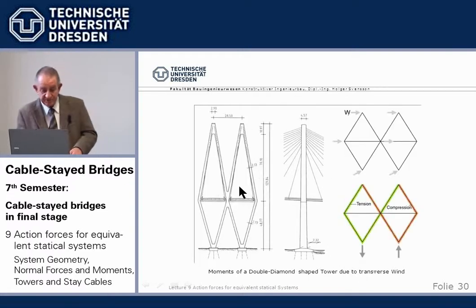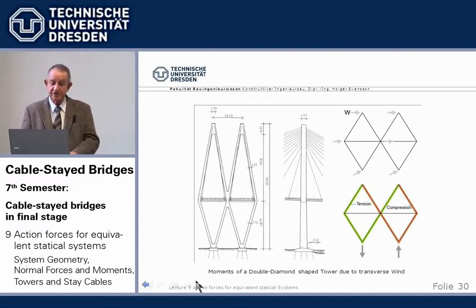We have one exception for the Baytown Bridge. We have twin beams. We use twin towers connected here. Now we have a complete truss from here to there. That means wind transversely on the cables which run onto the tip, and on the cables and on the beam here, these loads create only tension and compression.